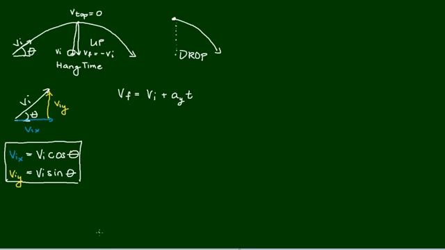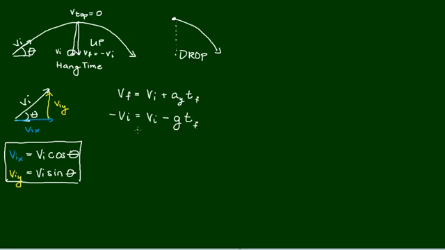Okay, so Vf is equal to negative Vi. So we can simply rearrange this. So we can say that negative Vi is equal to Vi plus Ay. We know that this is going to be negative g, and it's going to be multiplied to the time of flight. Okay, let me label this Tf because it's time of flight.